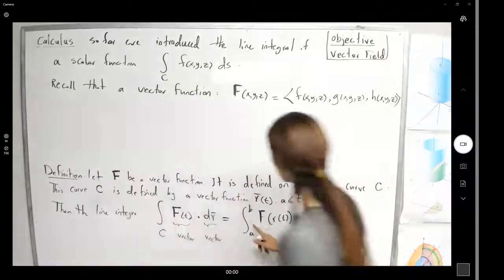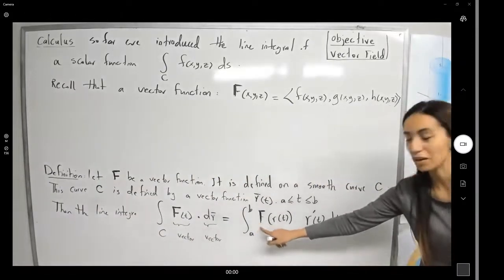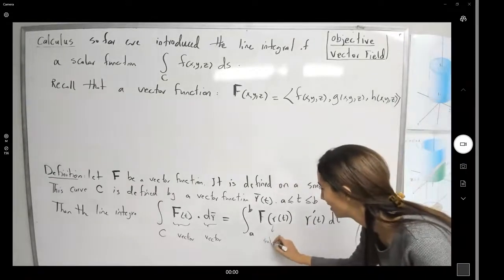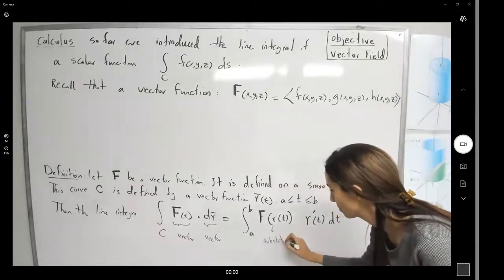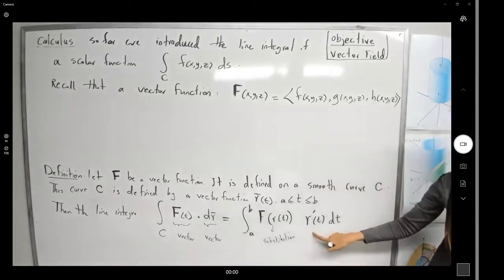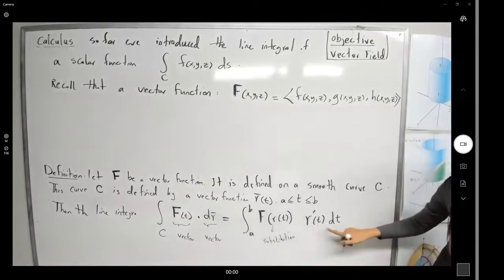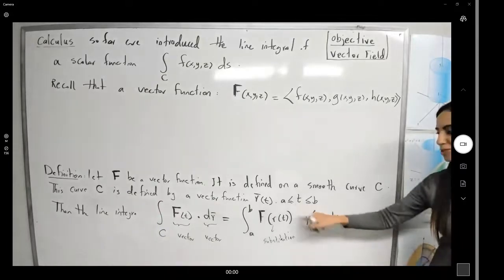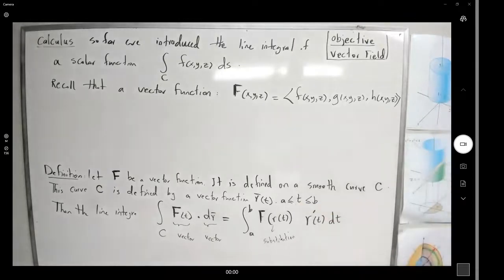We can define a dot product between two vectors, and the line integral of your vector field F dot dr is equal to the line integral of F of r of t. We do the substitution, we take the derivative of our curve, and we find the integral with respect to t. Our t is bounded between a and b.